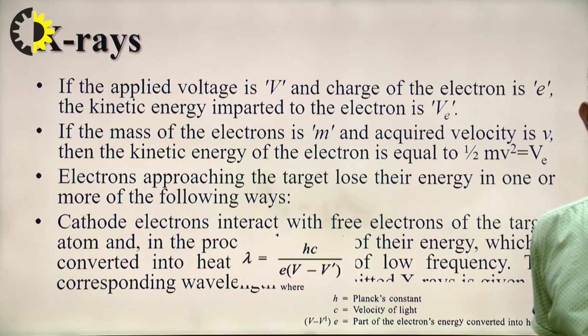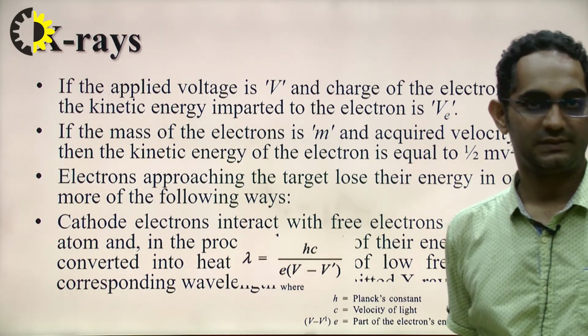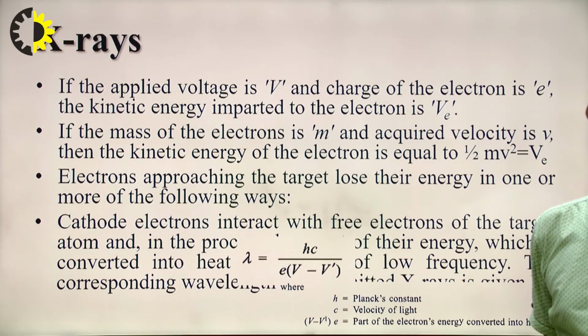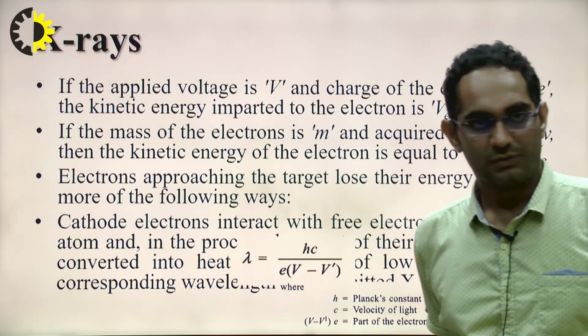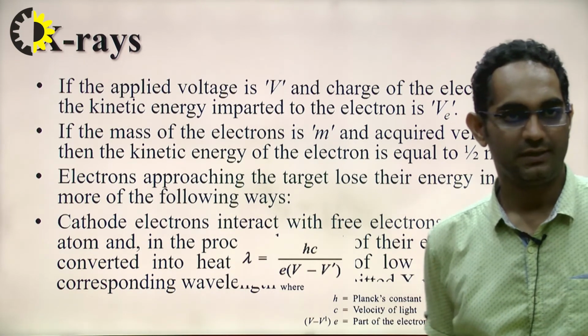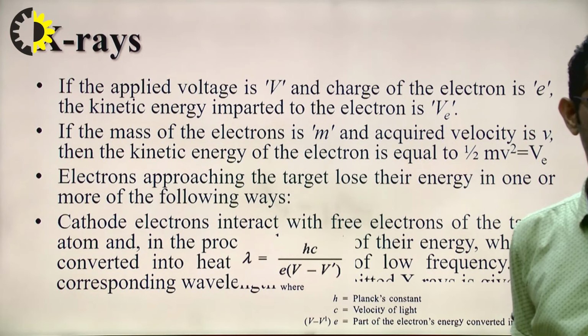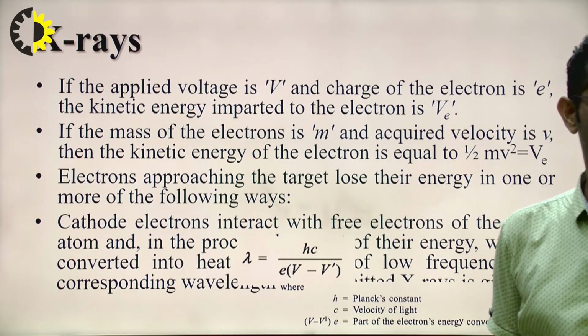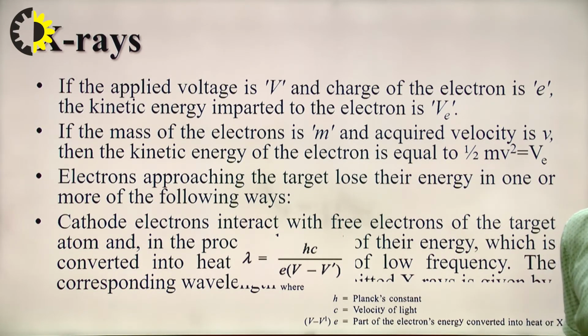The corresponding wavelength emitted as X-rays is given by this equation. Here h is Planck's constant, c is the velocity of light, and (V − V′)e is the part of the electron's energy converted into heat or X-rays. So, this is the arrangement.